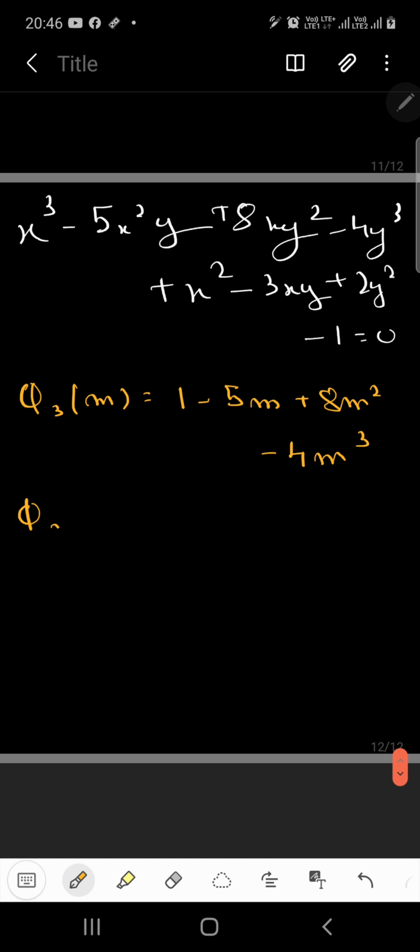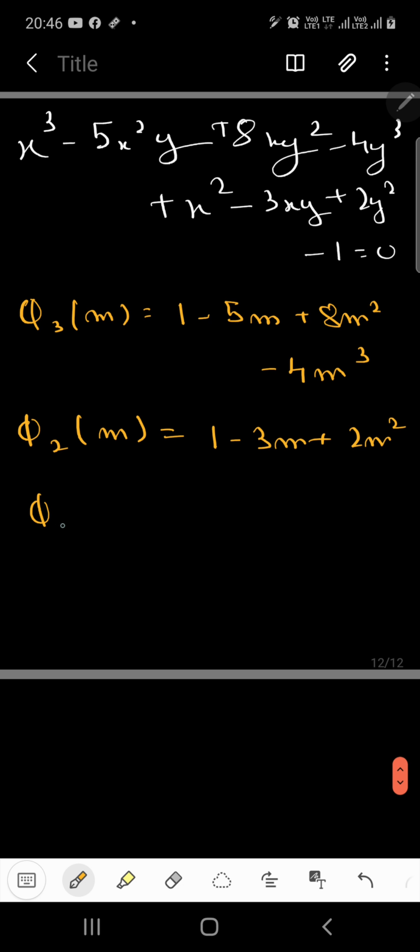Next we have phi 2m equals 1 minus 3m plus 2m square, and phi 1m equals 0 and phi 0m equals minus 1. We have no linear terms here, no x to the power 1 terms or y to the power 1 terms here.